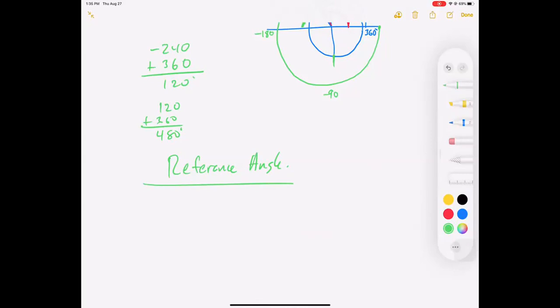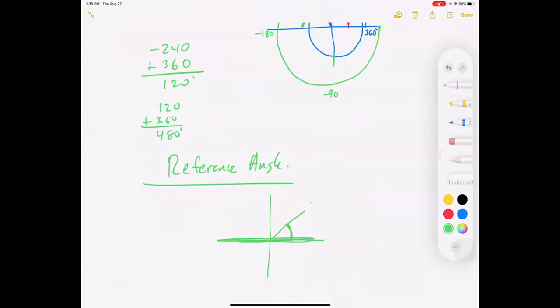Your reference. What's your point of reference? When it comes to reference angle, it's this idea of, given any angle on a circle, what angle would it be back to the x-axis? So my frame of reference is always the x-axis.